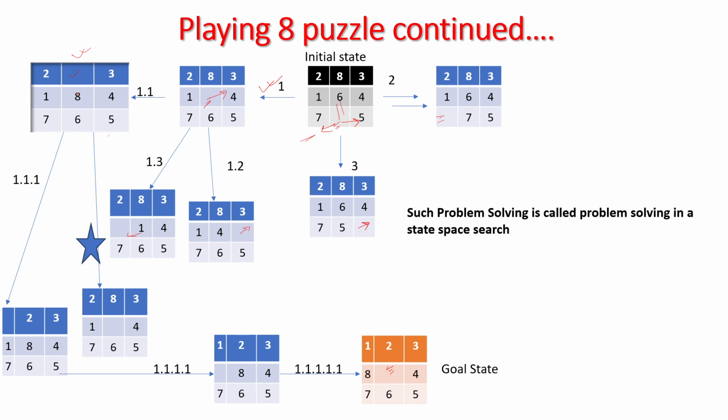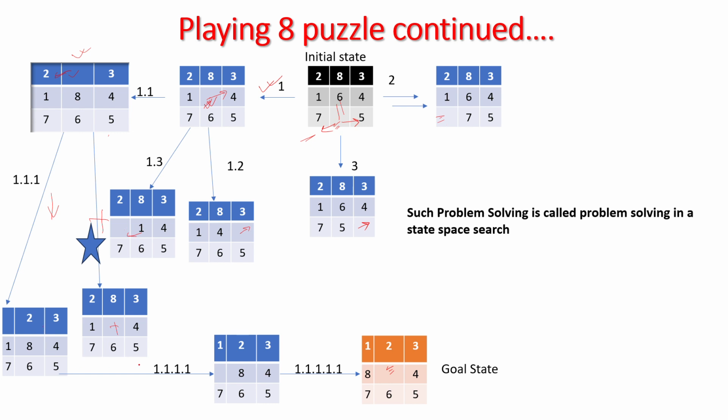So here see, if we move 8 upward, following the upward movement rule, the empty will come in the center. So it is the same, I am reaching the initial state again. So I will avoid this, I will not take this. So in 1.1.1, in this state, I am shifting the blank to the left and 2 will come over here.